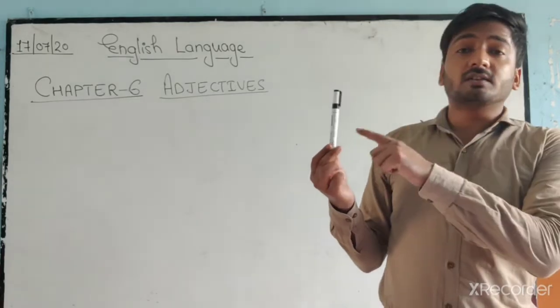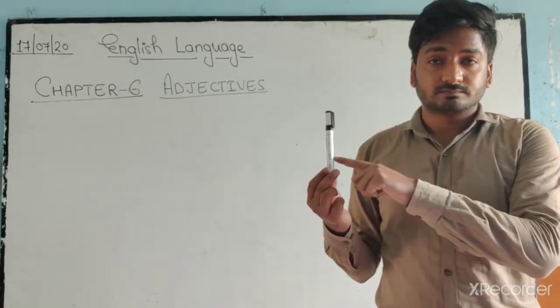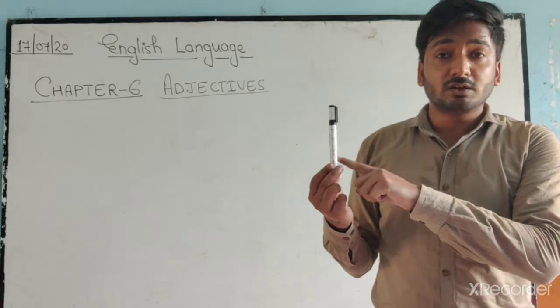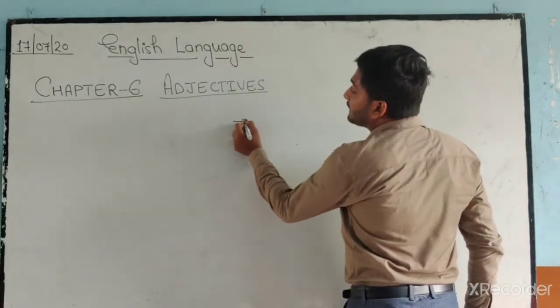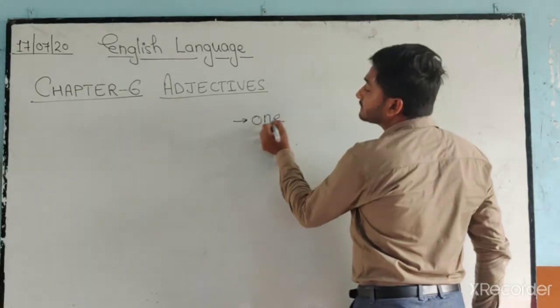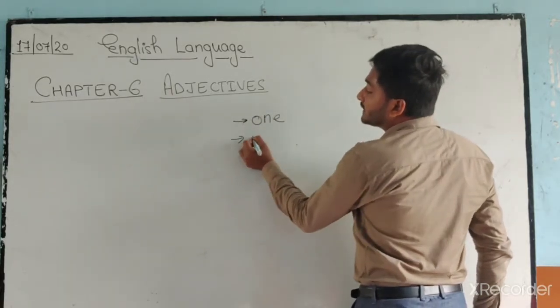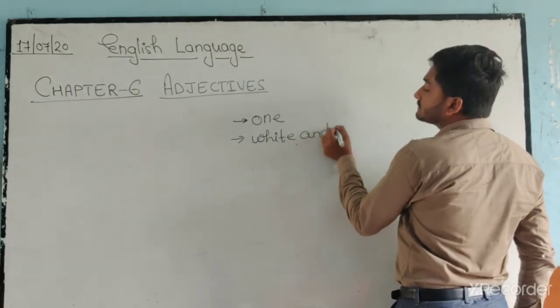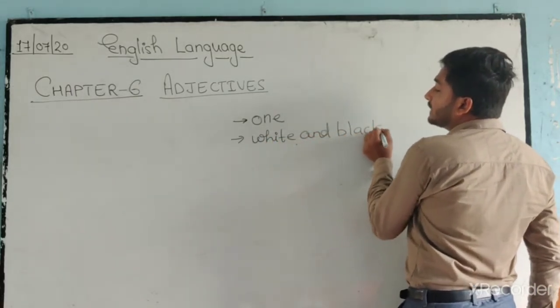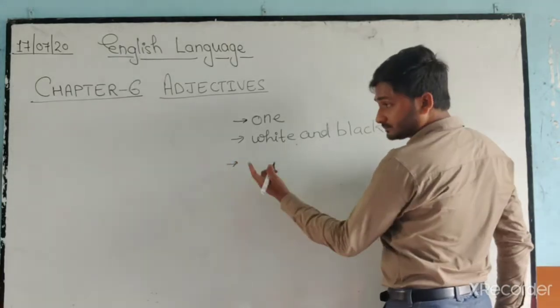It is a new one. So how have I described my marker? That it is 1 in number, and it is white and black in color.